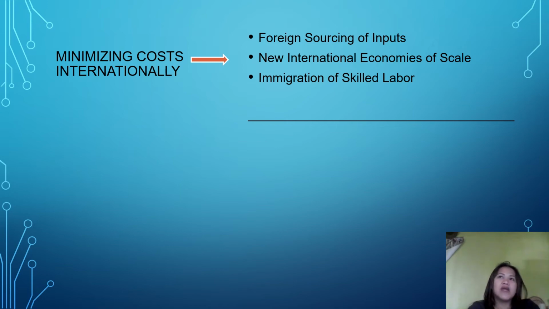Kaya yun ang sinasabi nila, why do Filipinos always go abroad? Because of their skills. They'd better hire them and pay them a greater amount rather than hiring resources in there who could not actually do their job well, and yet they're paying them more and more. Which is rather expensive compared to migrating those skilled laborers.